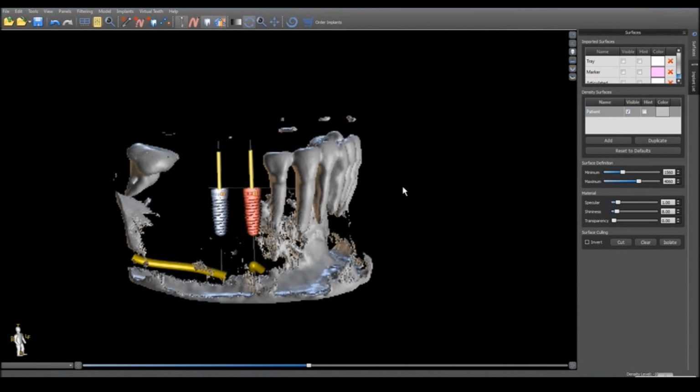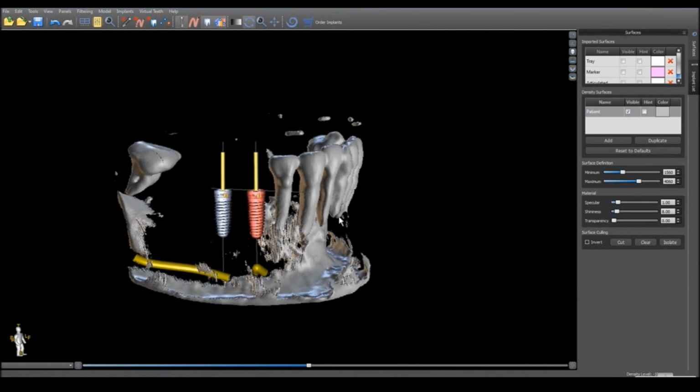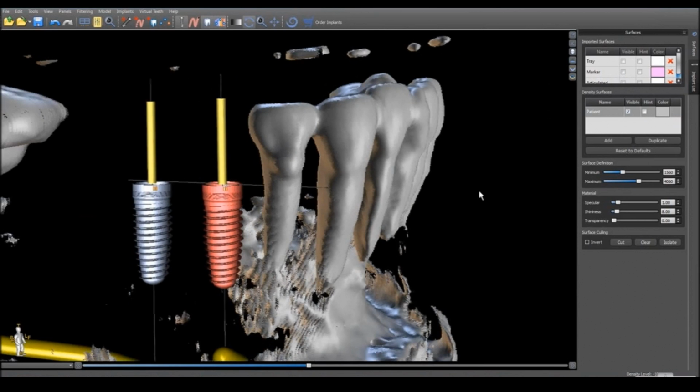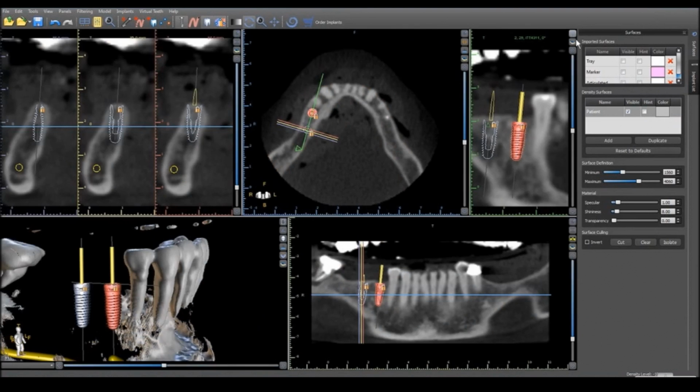And now I go check with my 3D the relationship between my second bicuspid implant and the first bicuspid. And we have a plan. You also can get density measurements up and down the implant.